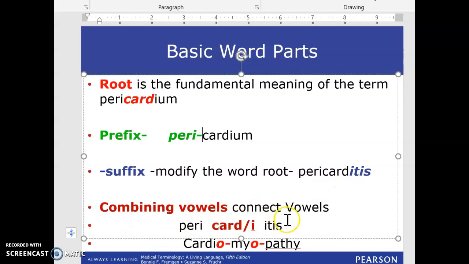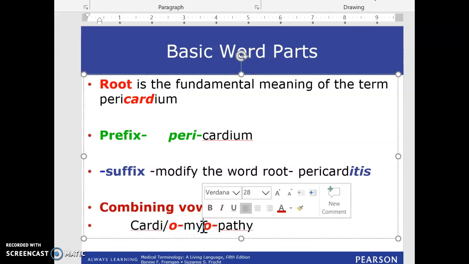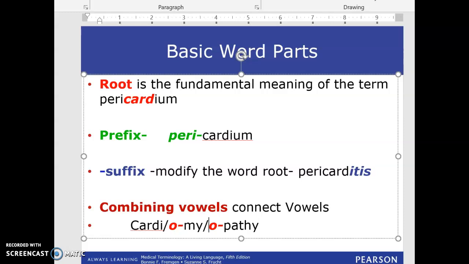Combining vowel, anytime you have to put an additional vowel to make the word pronounceable. For example, cardiomyopathy. If we don't have these O's, it will be difficult for us to pronounce it, right? So therefore we have to always add a vowel, whichever I, O, E, A, U. Anytime we put that vowel to a root word, we call it a combining vowel.